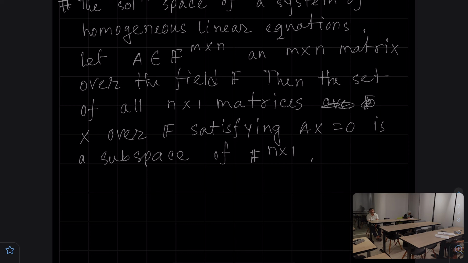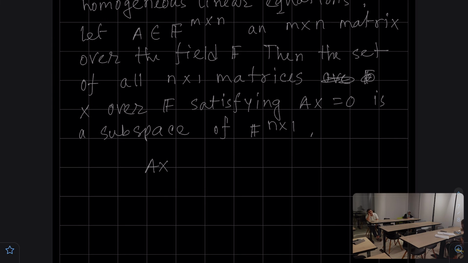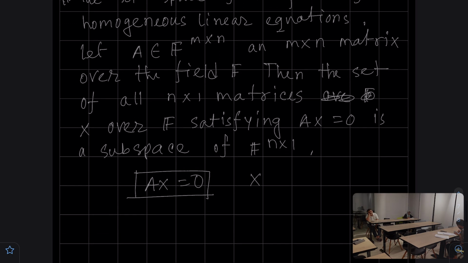So for this example, I'm considering the subspace of Ax equal to 0, this homogeneous system. So how can you show that this subset consisting of all these x forms a subspace of these n cross 1 matrices? What you can do is apply this theorem.